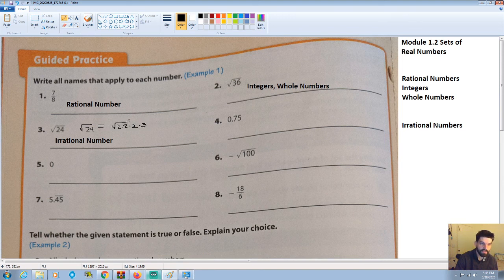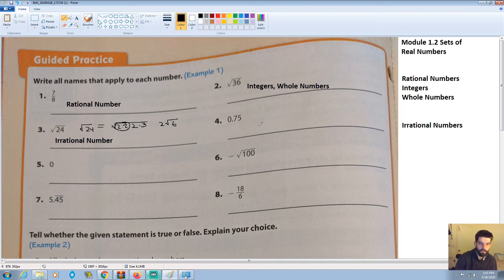So that's going to be equal to, if we take out a 2 squared, 2 root 6. And the square root of 6 is going to be 2.44948974. So we'll see that this is an irrational number because it can't be expressed as a ratio of two integers. Okay.